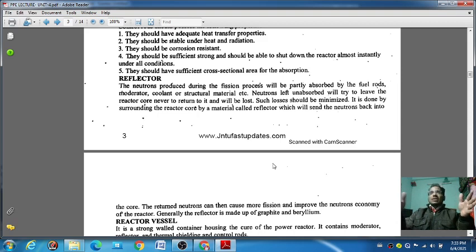The neutrons should not go out from the reactor core. Partially, half of the neutrons are absorbed, but the other half are trying to leave the reactor.